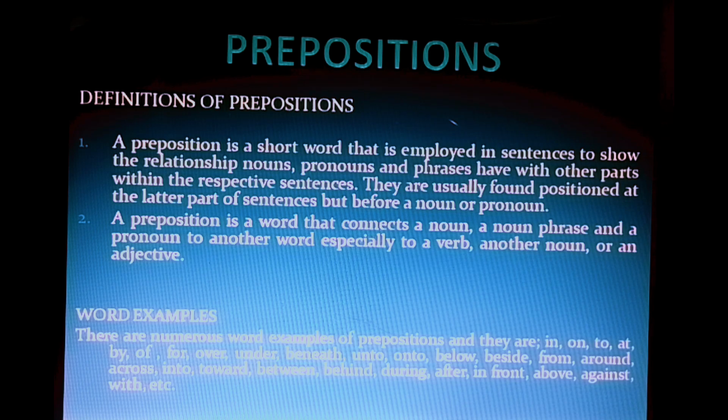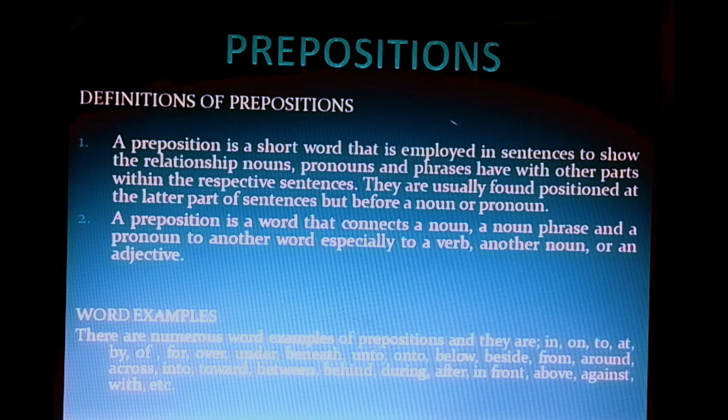We are going to look at them later, not today, but in our subsequent lessons, we are going to look at what verbs are, what nouns are, and what adjectives are. But today, we are looking at what prepositions are.